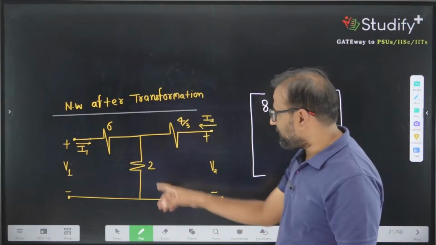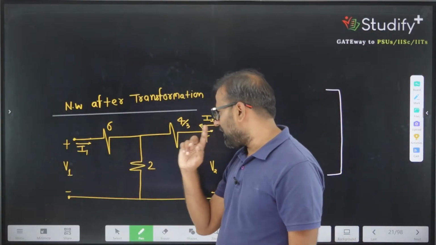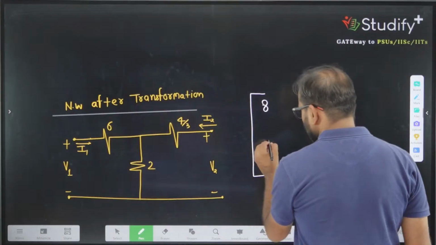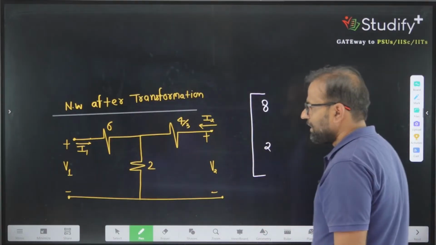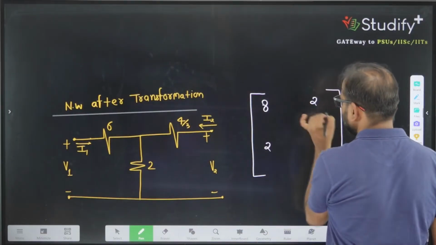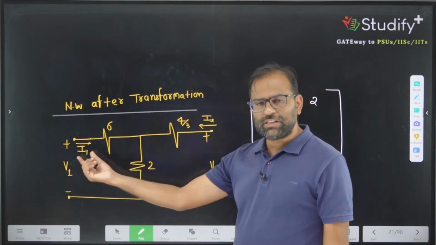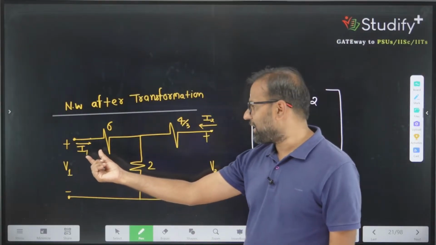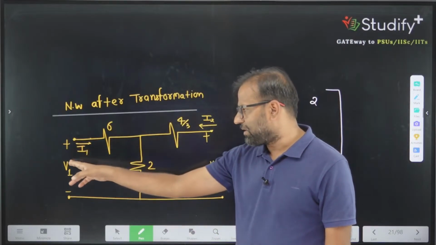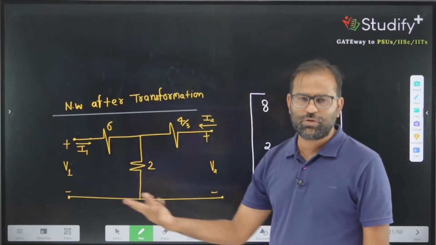What is this parameter? Z12, if I am making I2 equal to 0, and this parameter is 2. What is this parameter? Z22, and this parameter is also 2. Because if you make I1 equal to 0, the ratio V2 divided by I2 and the ratio V1 divided by I2 will be same.